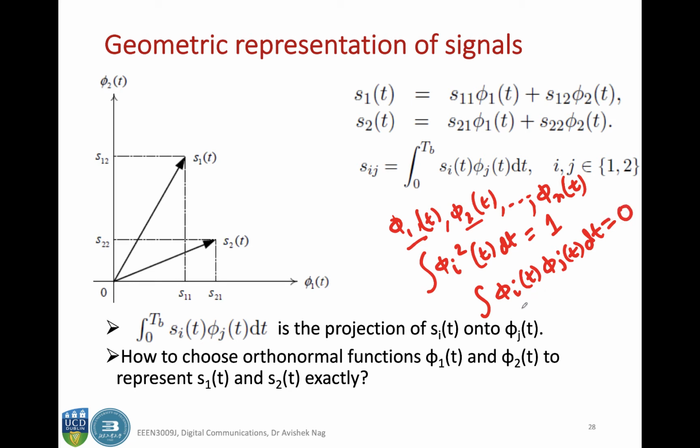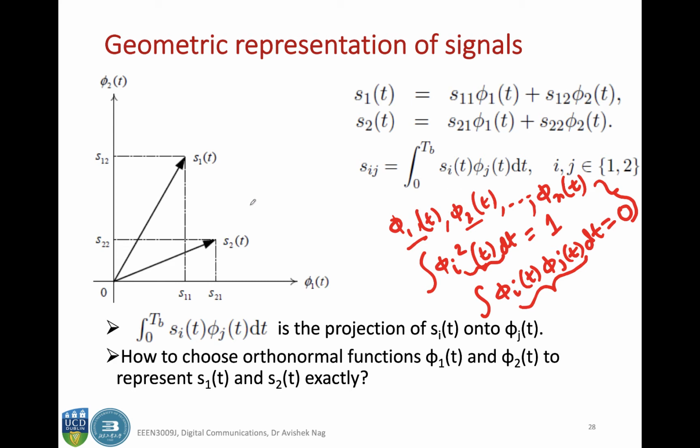This is equivalent to the dot product if you imagine phi i and phi j as vectors, and the first is equivalent to the norm or the energy. If these relations hold, then we can represent any signal as a linear combination of these phi i's, phi 1, phi 2, phi 3 up to phi n.